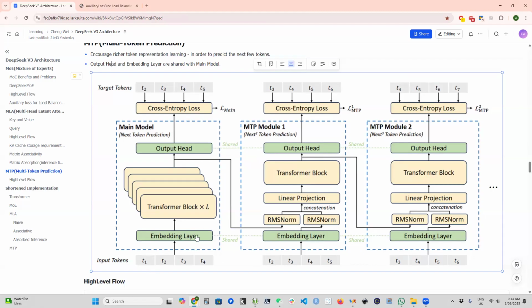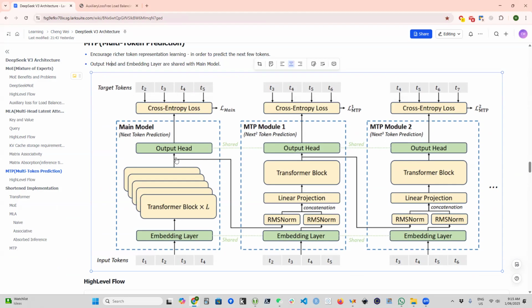Okay, so the main model is the same as a transformer. We have the embedding layer, then multiple transformer blocks, then the output head, and we do the cross entropy loss against the target.